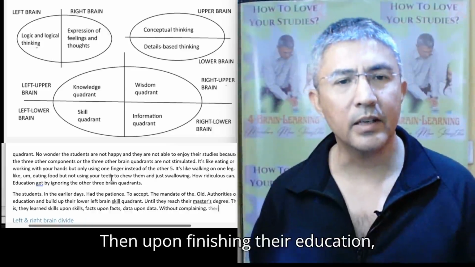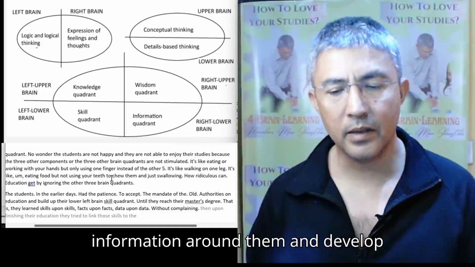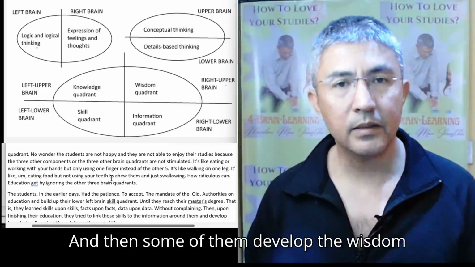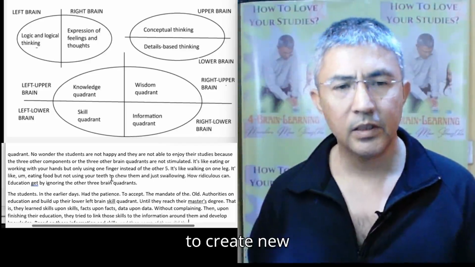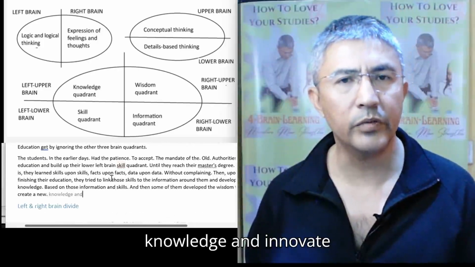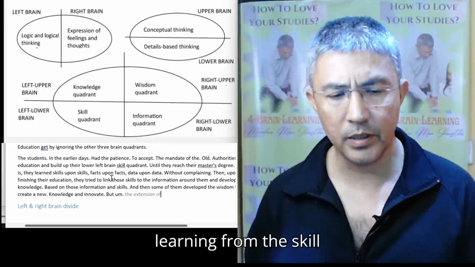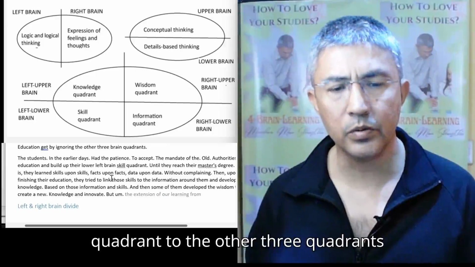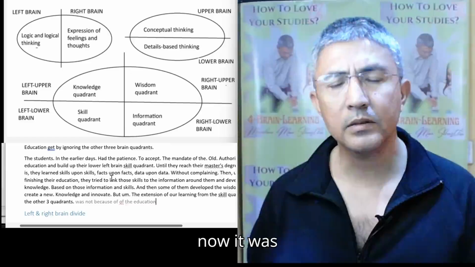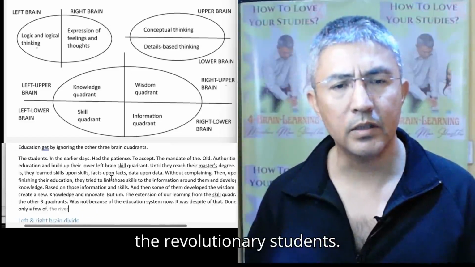Then, upon finishing their education, they tried to link those skills to the information around them and develop knowledge based on that information and those skills. And then some of them developed the wisdom to create new knowledge and innovate. But the extension of our learning from the skill quadrant to the other three quadrants was not because of the educational system. No, it was despite that, done by only a few of the revolutionary students.